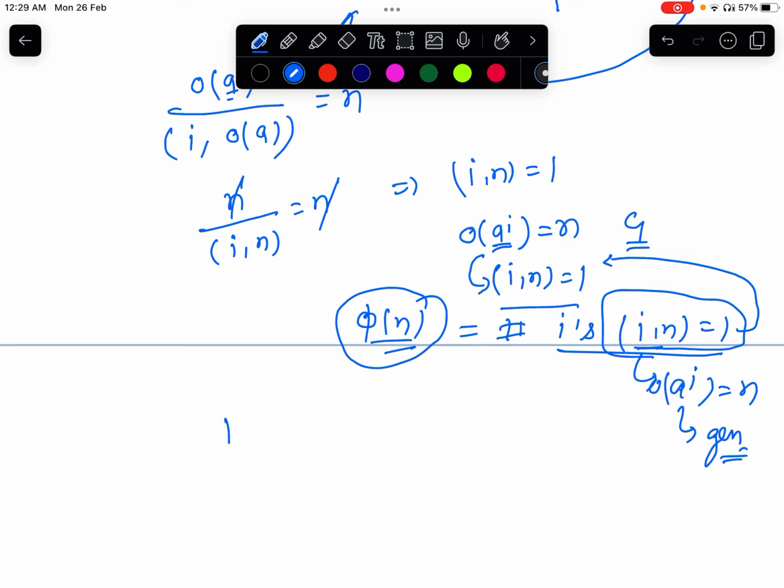Hence, the number of generators is equal to phi n.